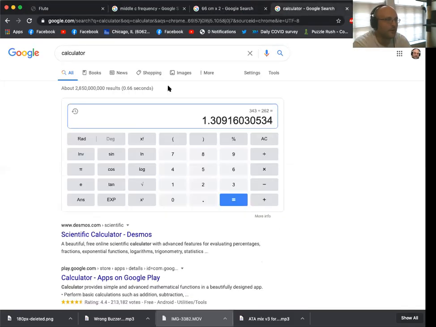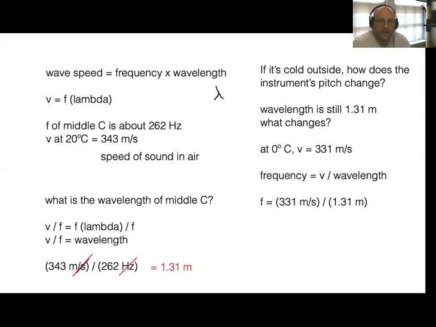I'm going to go back to my calculator and try 331 over 1.31. And you get 253 hertz. You get 253, okay? So I'm going to go back to my whiteboard here, share, and okay, 253 hertz. That's the answer here.